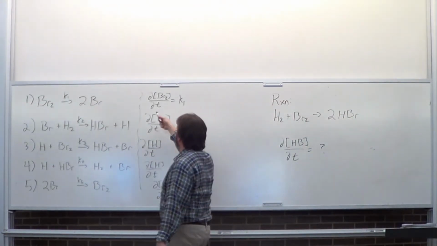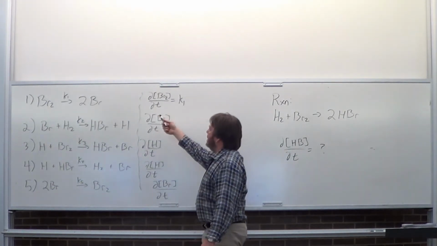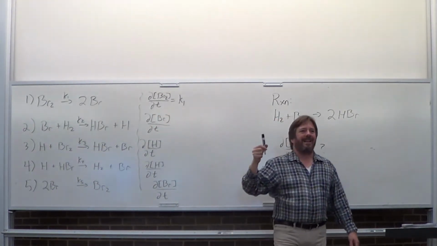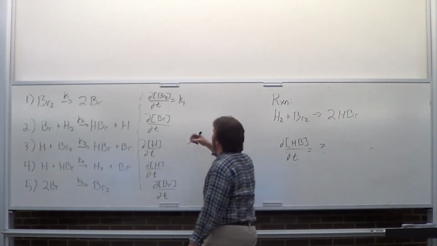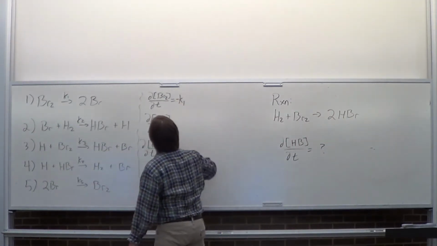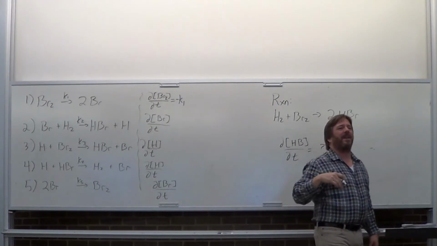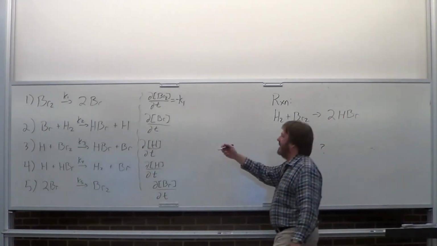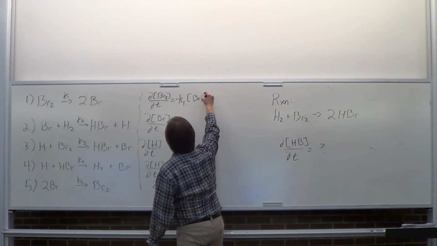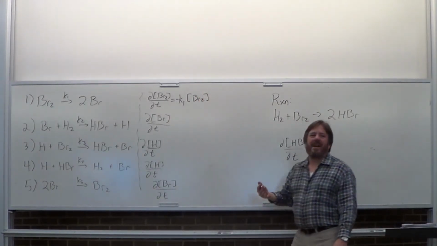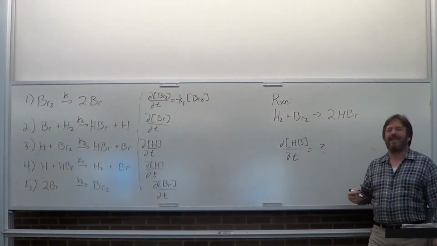So this is the rate expression, or is it? What am I missing? I'm missing a minus sign. Usually you just go ahead and put it on the right-hand side, for convenience. Now what am I missing? Concentration of BR. Yeah, there you go. Now you've got yourself a simple first order decay, right?